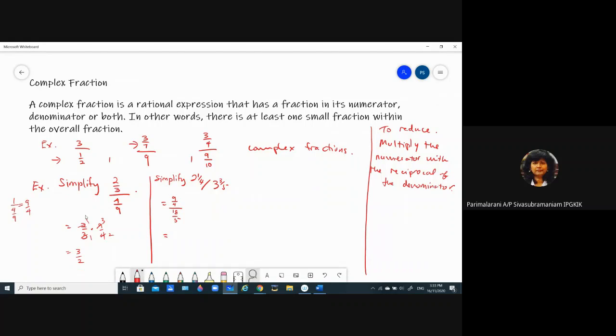Now you want to simplify this. So the numerator is 9 over 4 multiplied by the reciprocal of the denominator. That means 1 over 18 over 5 gives you 5 over 18. So your answer is 5 over 8.